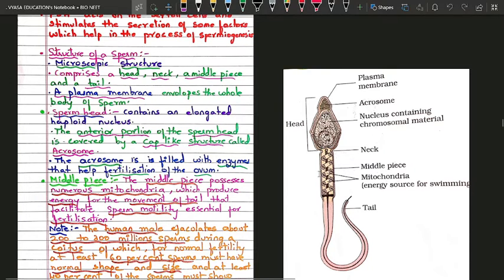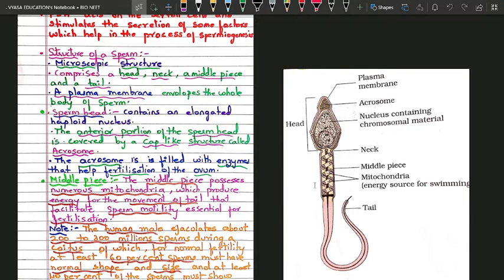It gives energy that facilitates sperm motility, essential for fertilization. Sperm is the one which moves. In the first chapter we said that in males the sperm moves, the ovum doesn't move.